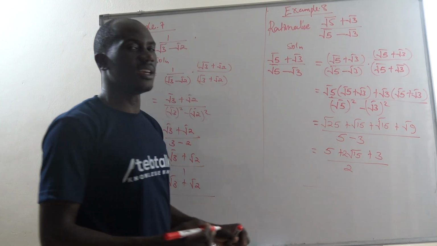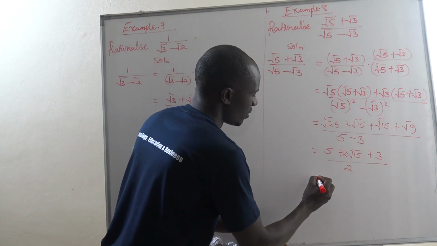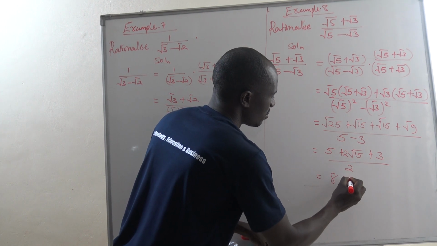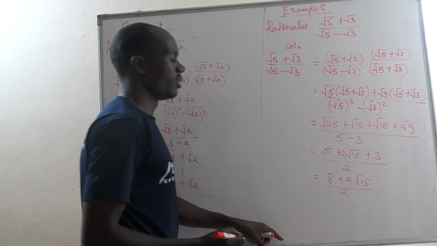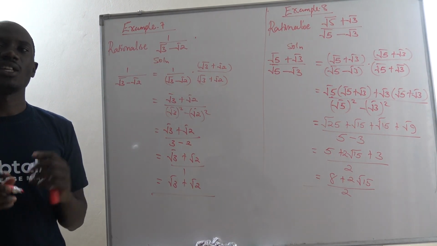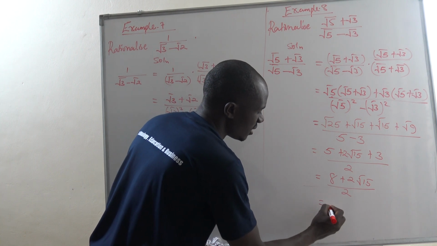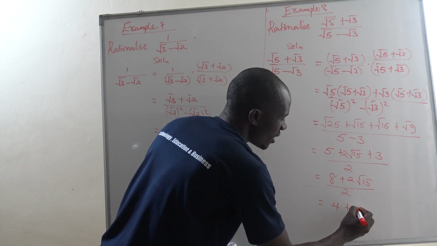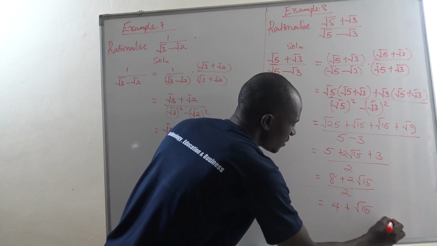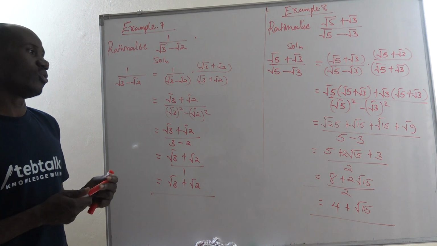We go ahead and we collect like terms. 5 plus 3, we are coming out with 8 plus 2 root 15 all over 2. Then when you reach here, 2 divides every number on that side. 2 can go in 8 how many times? 4. Plus also 2 can go into 2Root 15, that is once, we remain with root 15. And we have already simplified our number to the best.